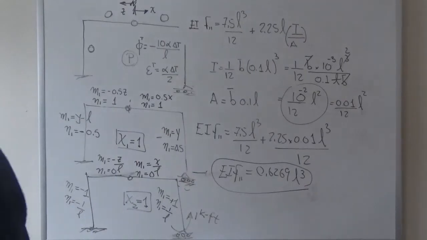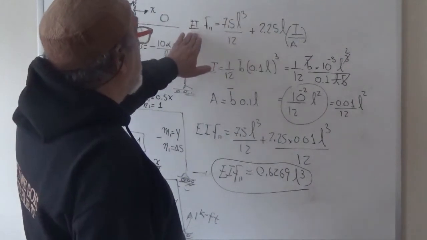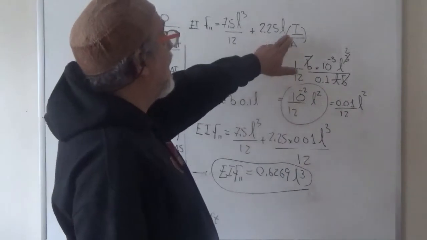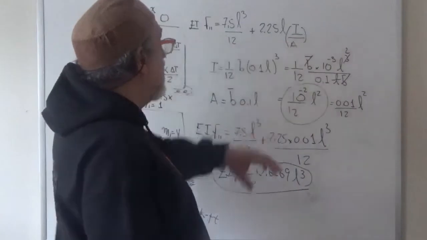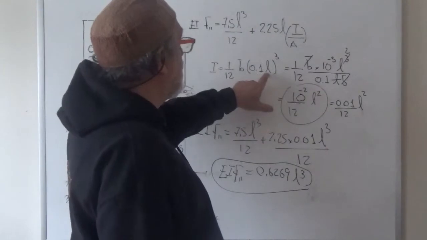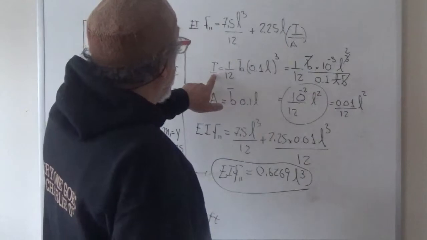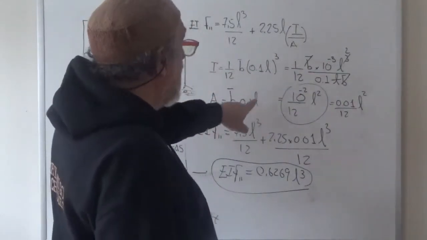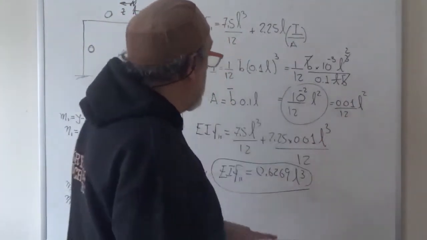I'll repeat. This is the formula. I took the formula for F11 that we derived and multiplied it times EI. That got rid of the EI on the first term, got rid of the E on the second term, but it left me an I over A. Then I took a look at the I over A, remembering that the section that we have is B bar by D bar, and D bar is 10% of L. Substituting 10% of the length for D bar in the formula for I for a rectangular cross section, and the formula for A, I find that I over A is just 1% of the square of the length over 12.